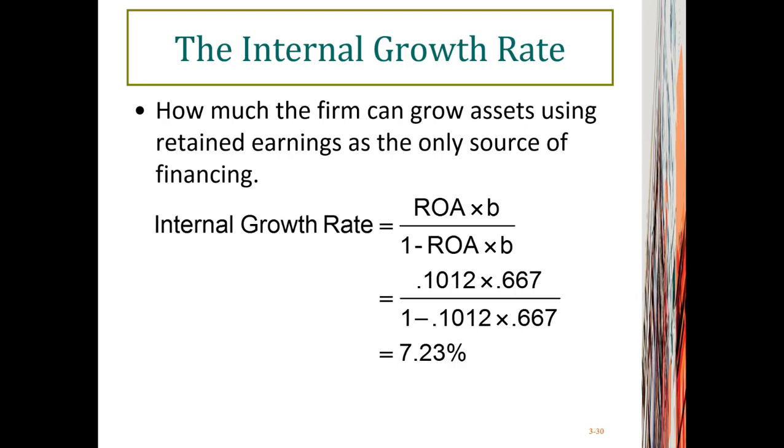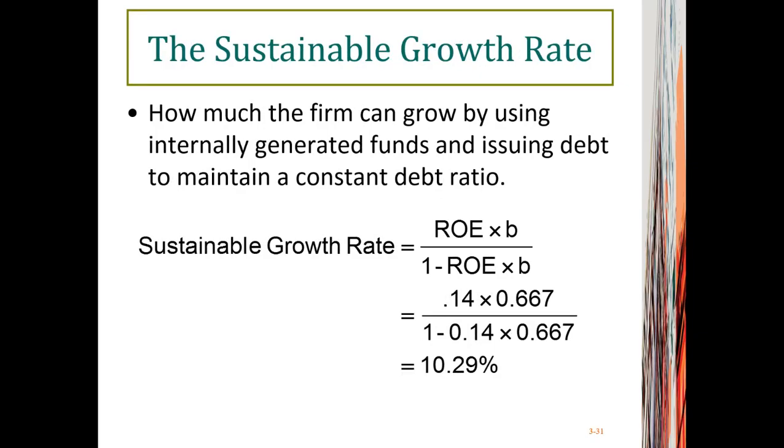The reason why we call it internal is because the company only uses an internal source of money, retained earnings, for its investments. Now, let's assume that a company can borrow money in addition to retained earnings for future investment. Then we can calculate the so-called sustainable growth rate, based on not only retained earnings, but also the money that a company can borrow to a point where a constant debt ratio is maintained within the company.